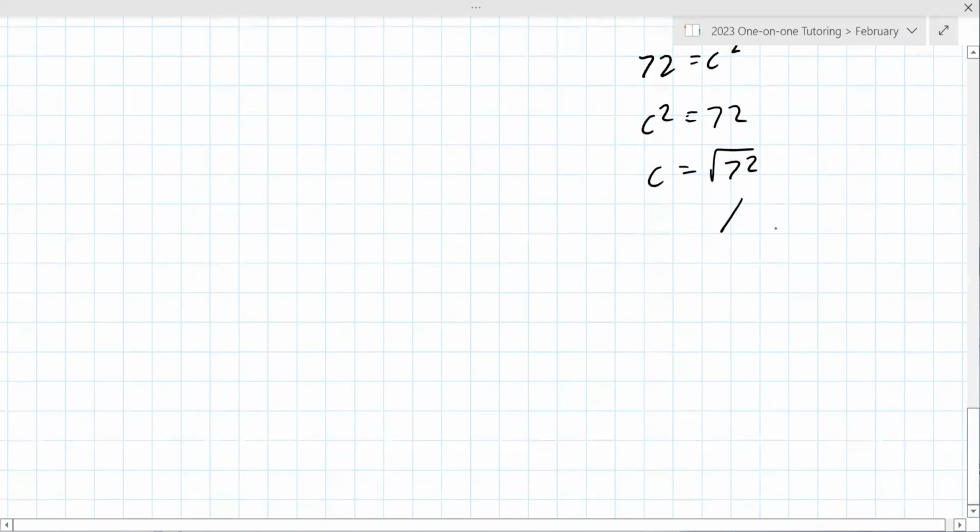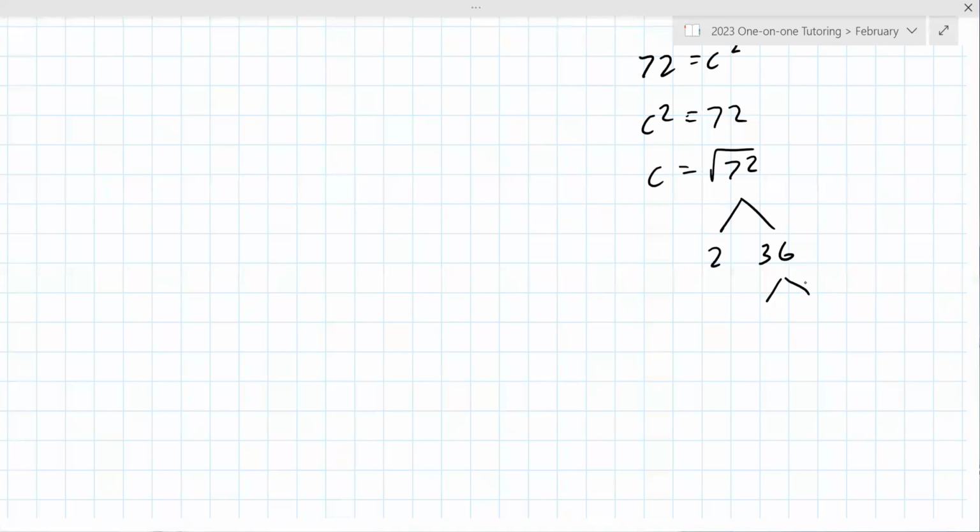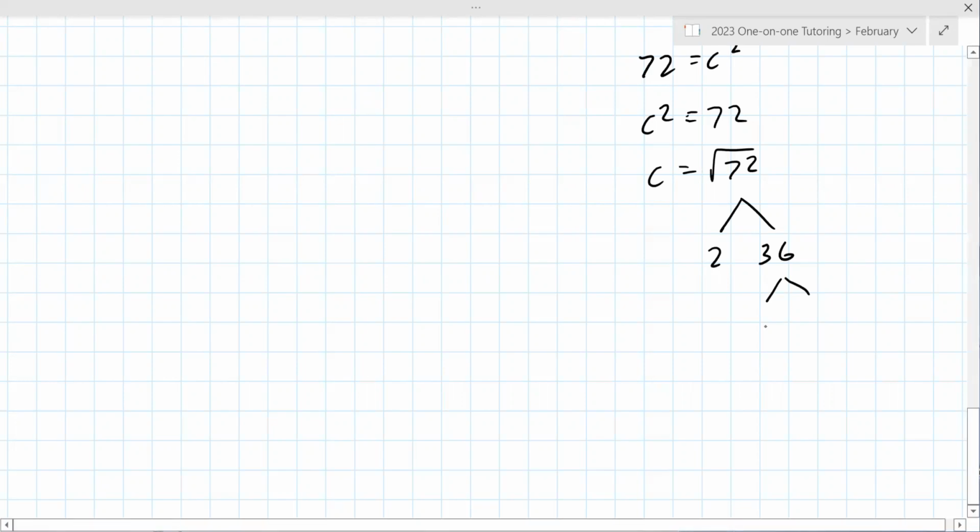So it's 2 and 36. Is 36 divisible by 2? Yes, 2 and 18. Is 18 divisible by 2?